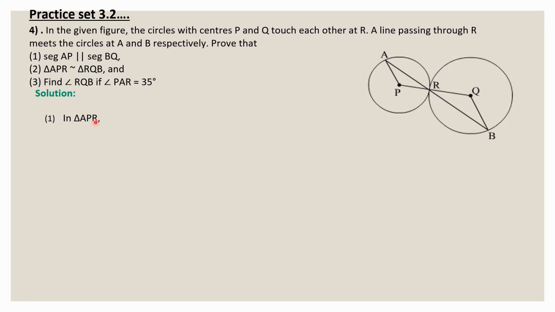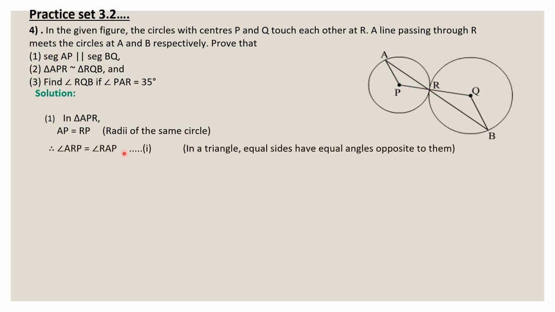In triangle APR, AP is equal to RP as they are the radii of the same circle. Therefore, angle ARP is equal to angle RAP. The reason being, in a triangle, equal sides have equal angles opposite to them. That means angles opposite to equal sides are equal.